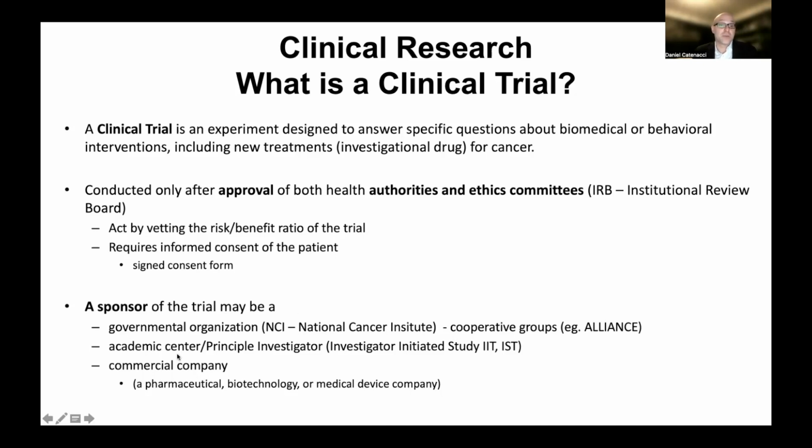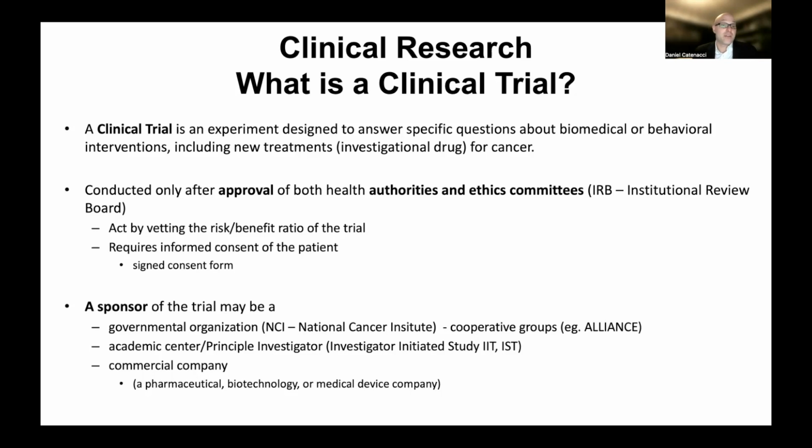Another sponsor could be an academic center, a principal investigator, an investigator physician at a center that comes up with a study, writes the protocol and consent form, gets funding from a source to be able to run it. And these studies are referred to as ISTs or IITs, investigator-initiated studies or trials.